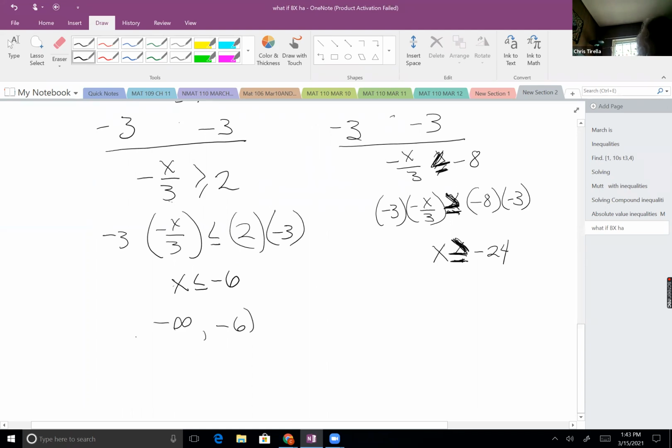There is no lowest. Or we'd be taking the union of x is greater than -24. -24 is the smallest value. And there is no upper limit. And so this one would be the union of two disjoint inequalities.